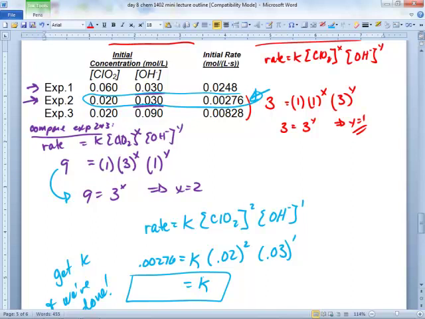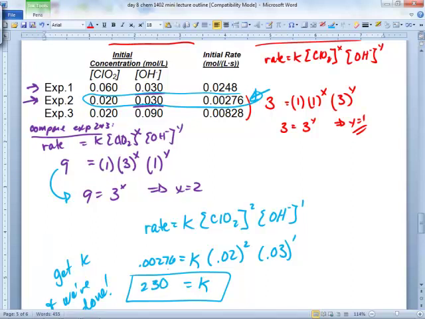Does anyone know what I'm talking about? I'm talking about the x squared button. Take the point 00276. So put that in there. You got to divide it by both of these. So what I do is I hit divide, 0.02, and hit x squared. So that's dividing by 0.02 squared. And then divide by 0.03. And you get, what'd you get? 230.